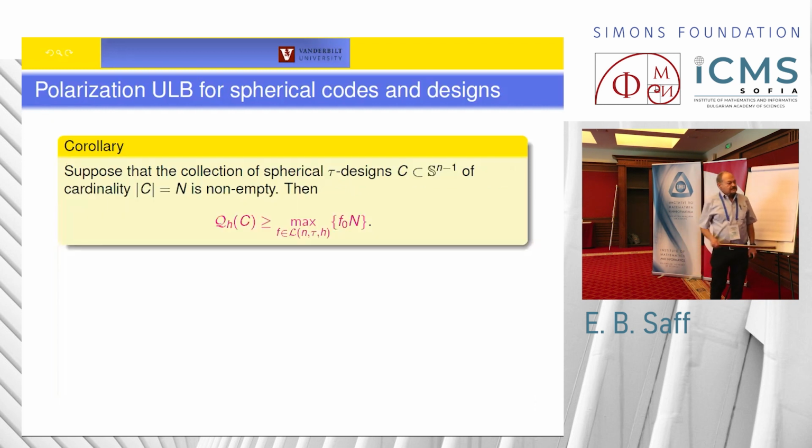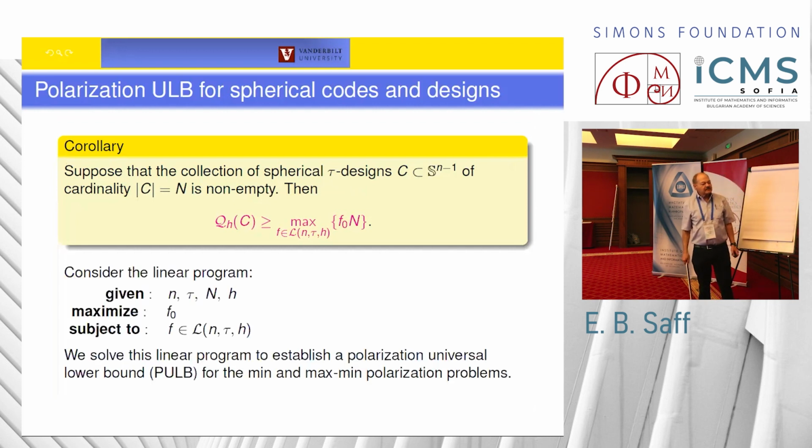And so this is just a restatement in some sense, that if you have a collection of tau designs with cardinality n, and that's a non-empty collection, then its minimum polarization is always bigger than the maximum of that right-hand side. We just make that right-hand side as large as possible. And so how do you do that? How do you make that right-hand side as large as possible?